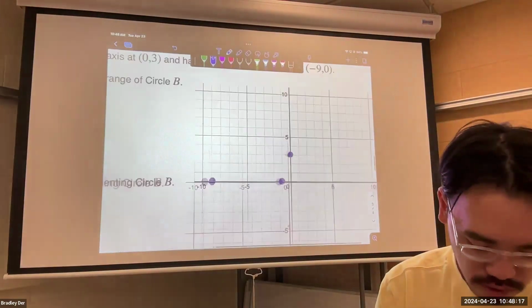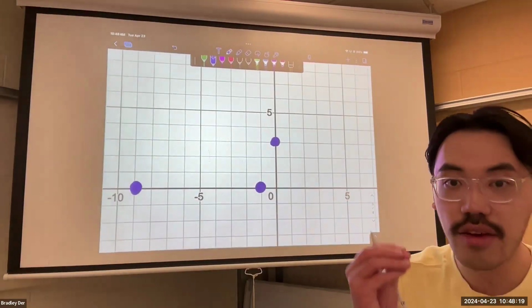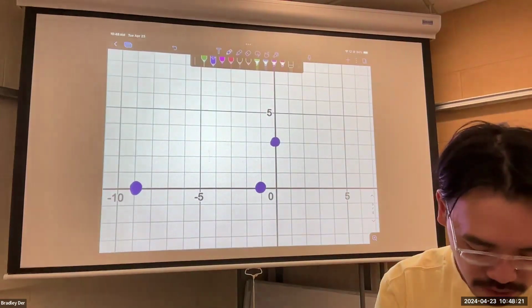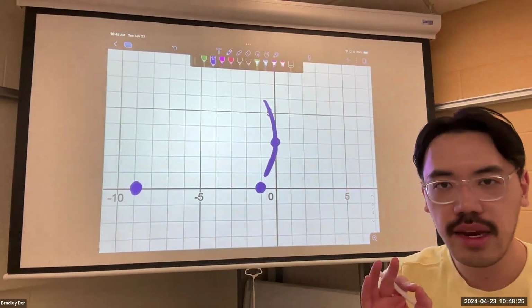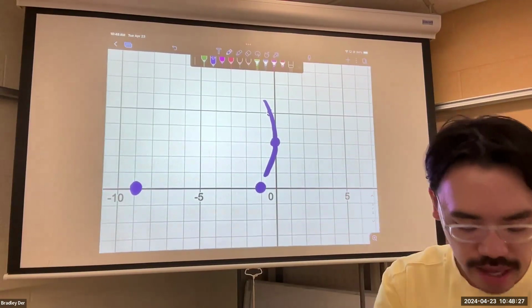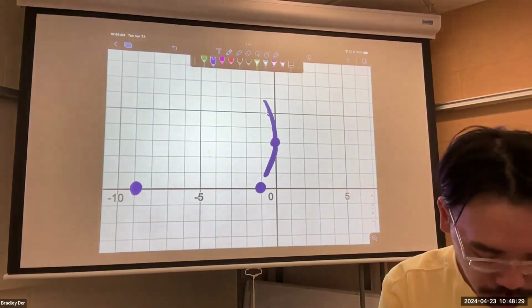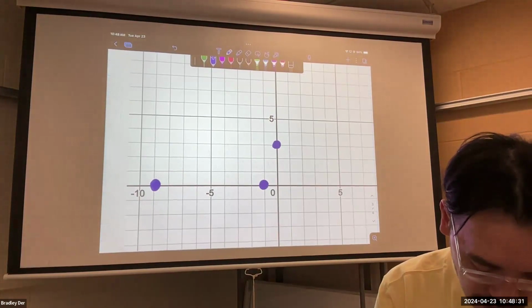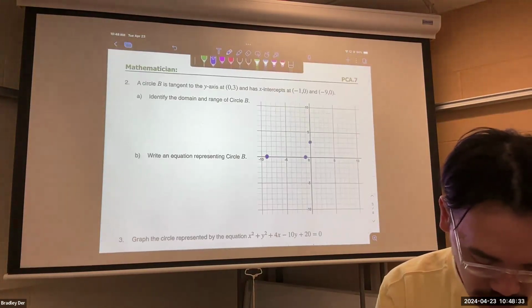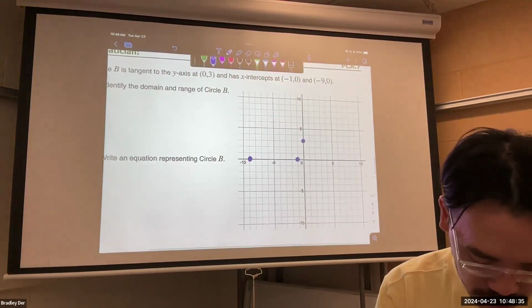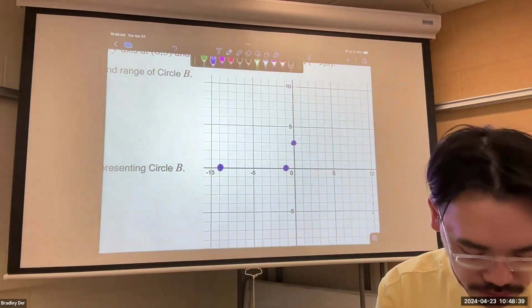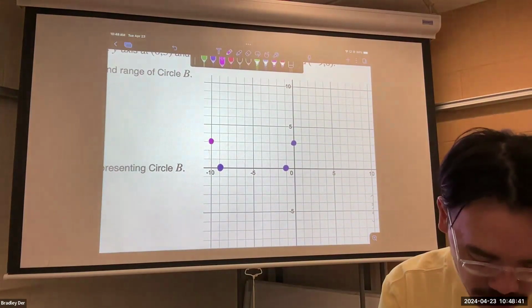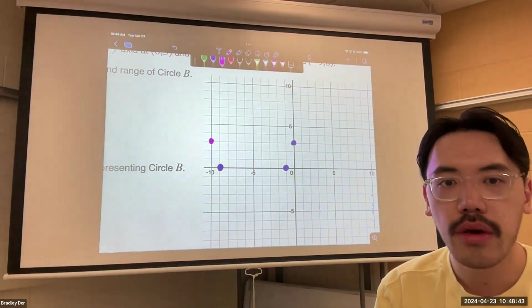All right. So just to recap, in the context of circles, if we were talking about tangency, that would mean that there's a line that touches a curve exactly at one point, right? And that's exactly what we have here. I can honestly draw an inference that because the circle is symmetric, I'm going to have another point over here.